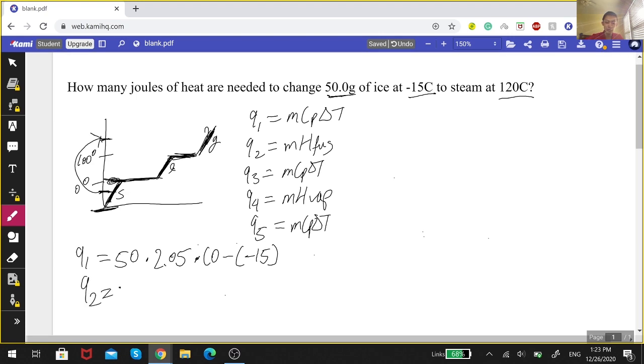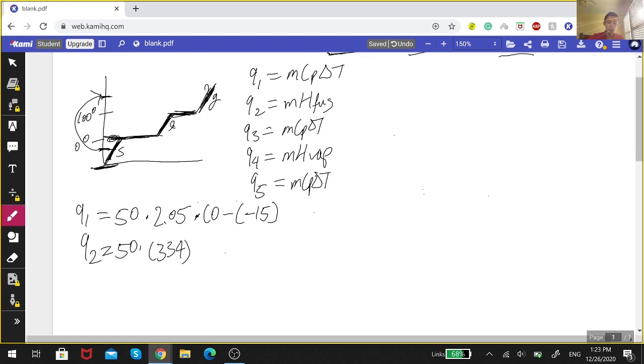Q2 is going to be 50 times H fus, which is 334. Q3 is 50 times Cp for liquid form, which is 4.18, times the temperature change. This time we reached 0 degrees and we're capping out at 100 degrees because that's all the liquid form takes.